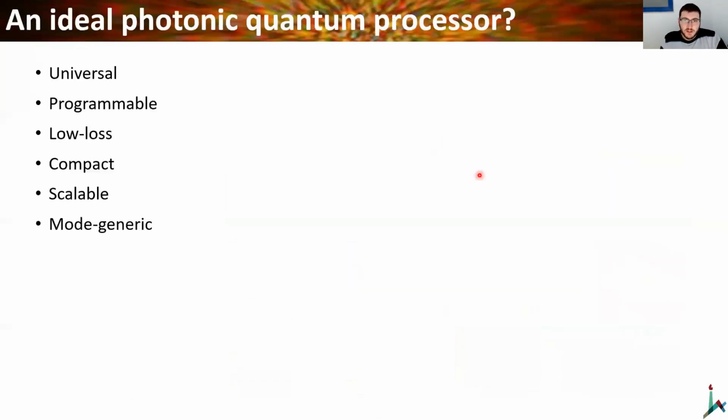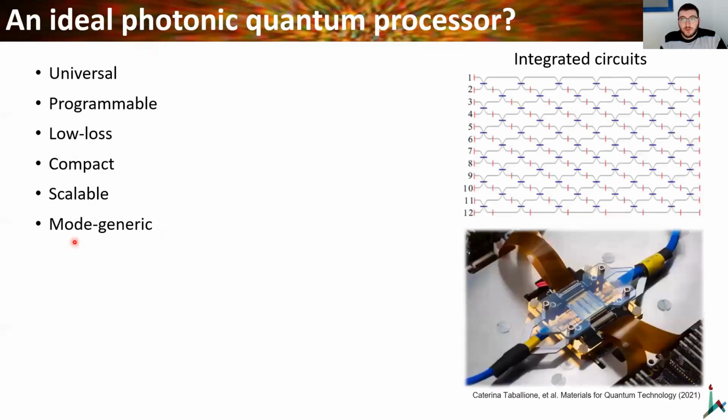But before I get into the details, let me set the baseline by describing what would be an ideal photonic quantum processor. I've listed here a number of requirements for such an ideal processor, and we'll go through them together using the example of photonic integrated circuits, which are usually considered the leading candidate for implementing such a quantum processor.